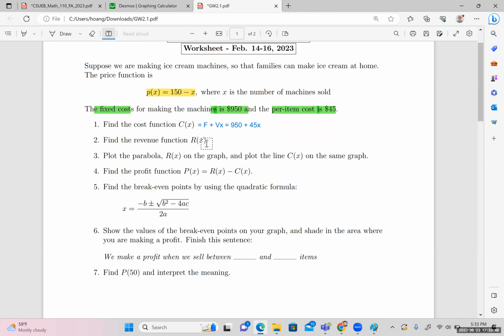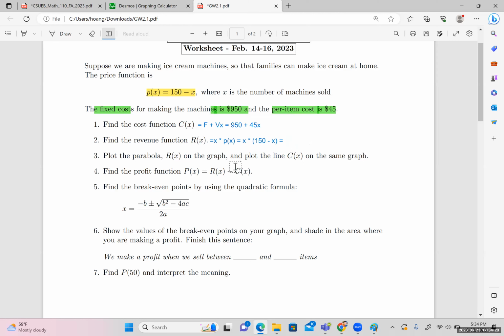And then for the revenue function, you know that it's going to be made by the demand times the price function, and you will have to substitute the price function into here, right? So x times p of x, now changed to be 150 minus x. Okay, so then you may go ahead and convert it into the quadratic form by distribution.